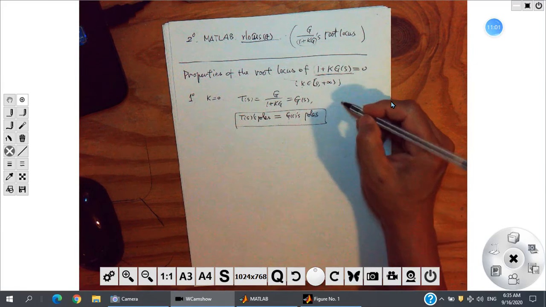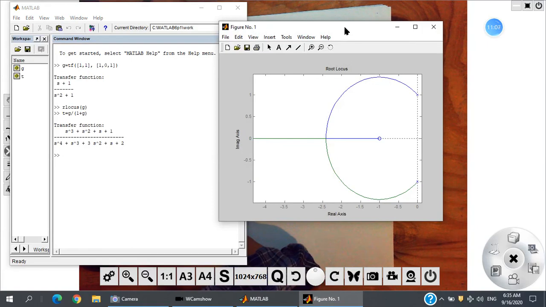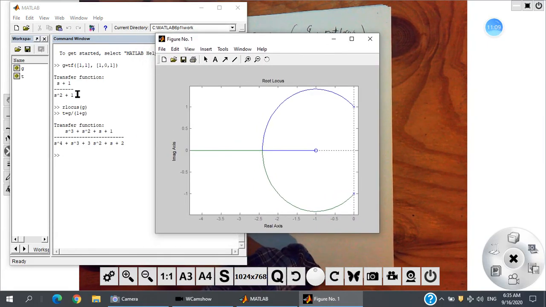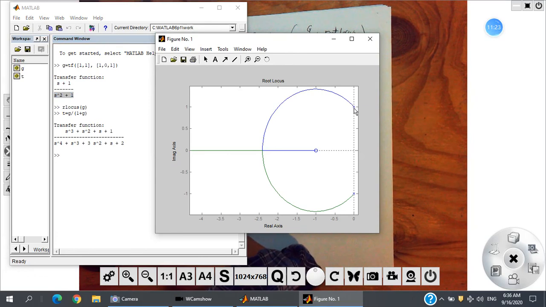Now we look at this example. We have g as s plus 1 over s squared plus 1, right? This g has poles at positive and negative i. You see the cross here and the cross here. This is 0 plus i, and this is 0 minus i.